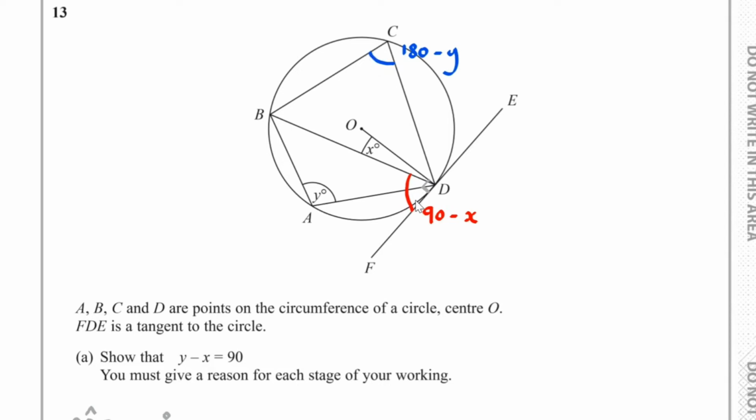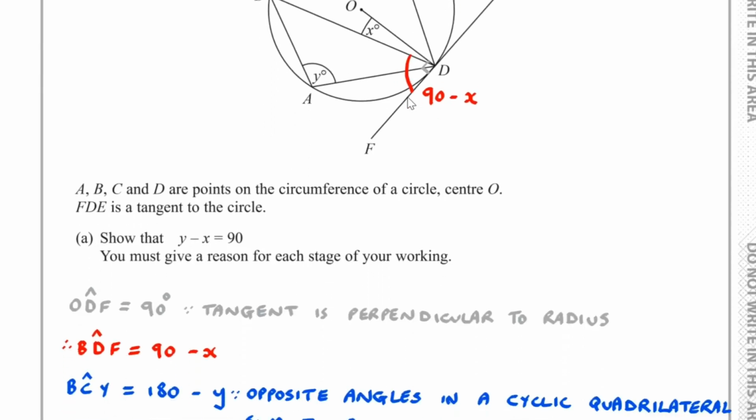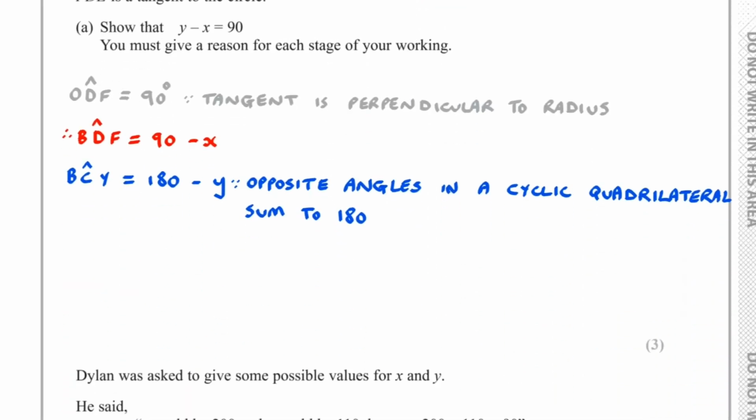So this angle here is equal to this angle here, and that's because of the alternate segment theorem. So let's write that down. We've got the angle BCD.